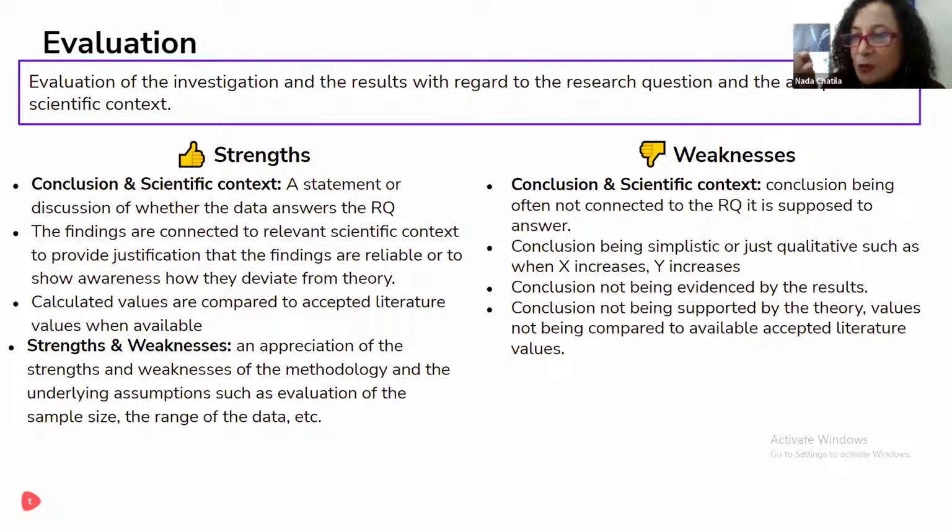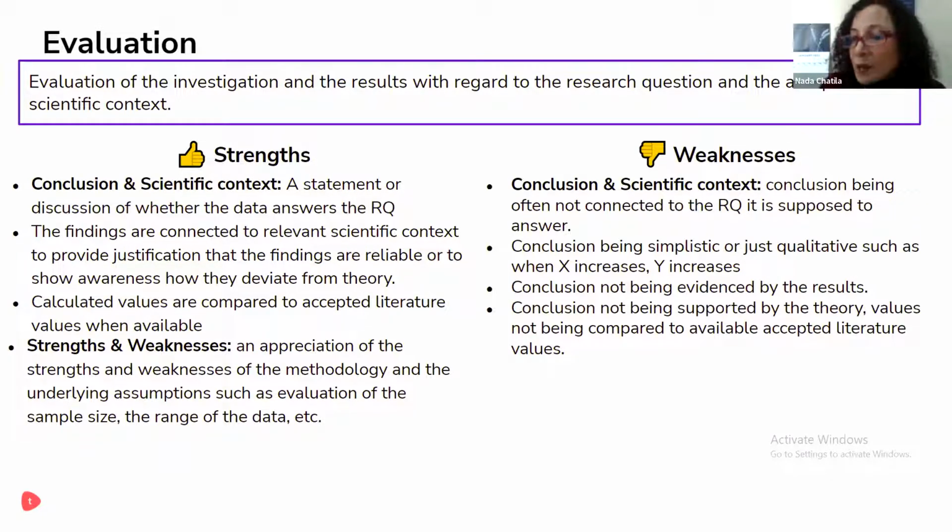If the error bars are small, what does that mean? If the calculated value is very close to the accepted value and the percentage difference is very small, what does that mean in terms of strength? The weaknesses, they really need to be related to the methodology in order for us to consider them a strong aspect of the descriptor.